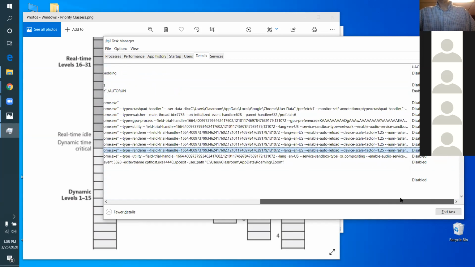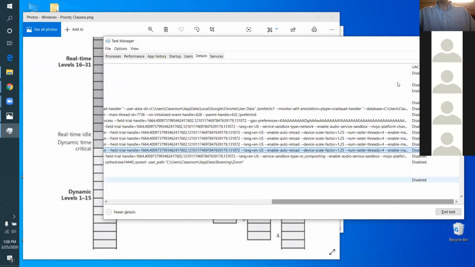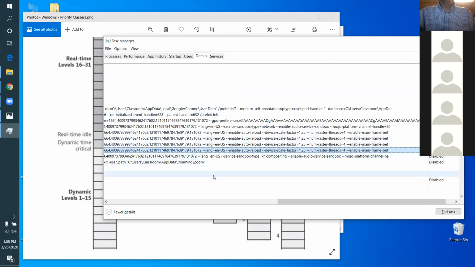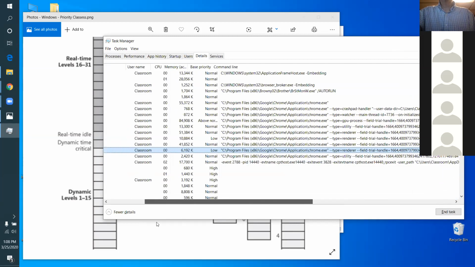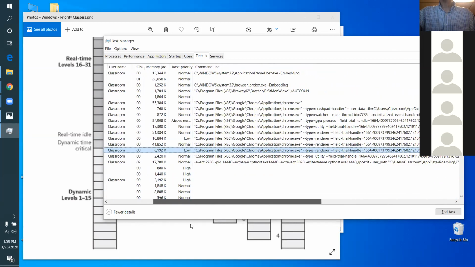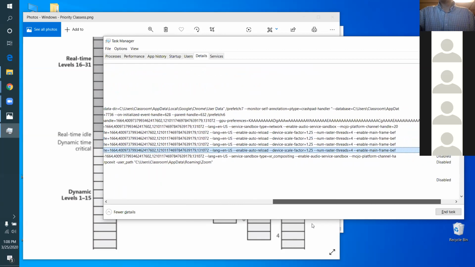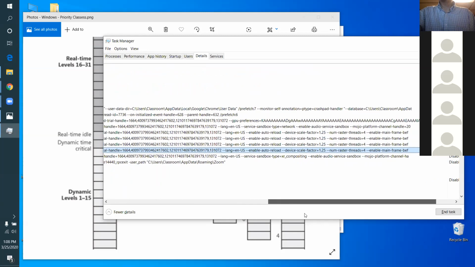The command line just goes on and on. Lots of command line arguments were given to Chrome. Each Chrome process was started with a huge number of command line arguments, but I don't see anything that would give you a clue why some are lower priority than others. Maybe because a tab hasn't been updated in a long time. Maybe it becomes a lower priority because it didn't get updated.